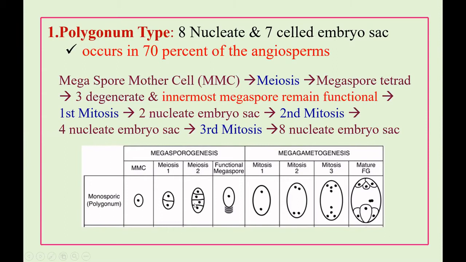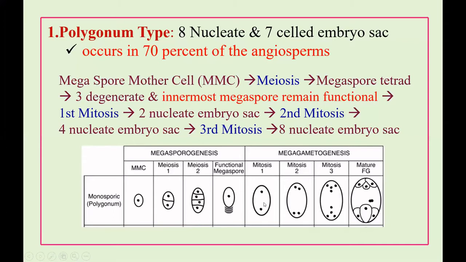Out of these, the 3 megaspores on the micropylar side disintegrate, and only the one at the chalazal end becomes functional and develops into an embryo sac.